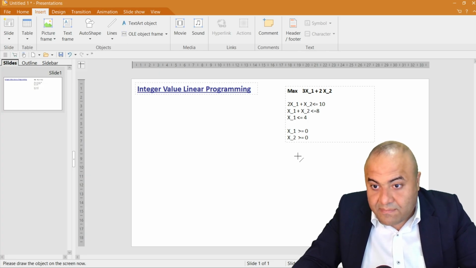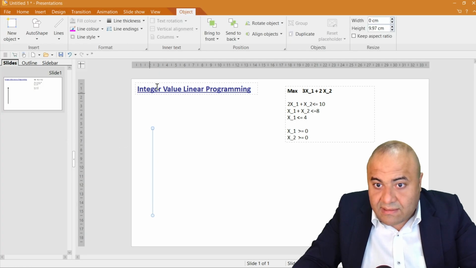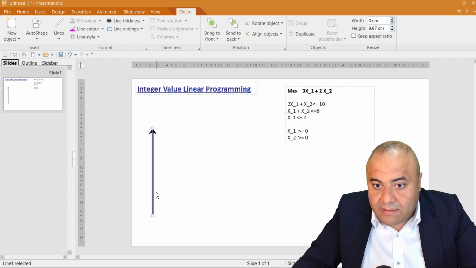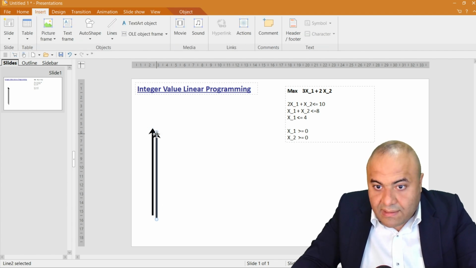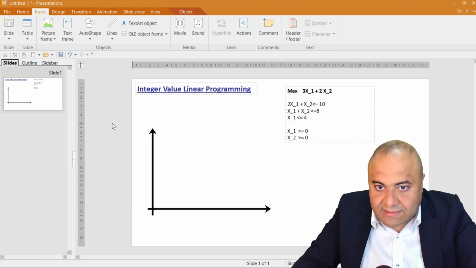So we start from x1 is more than or equal to 0, and x2 is more than or equal to 0. For that, let's have this contour line. Try and make it a bit bigger. And we have another contour line. Of course, this is a very graphical method, and this is why it's good for us to understand.